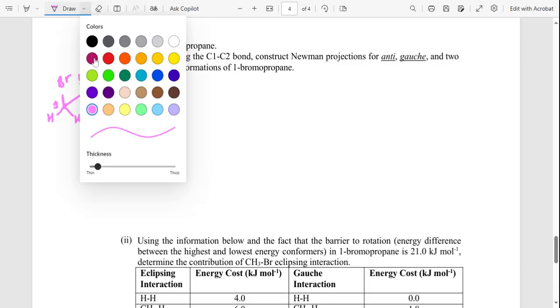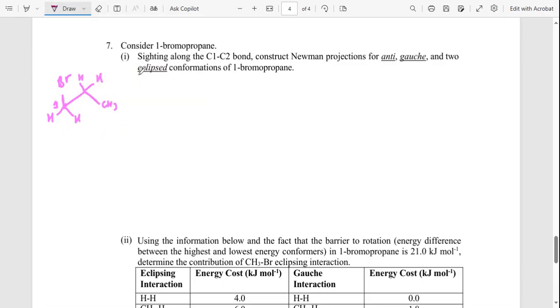So we want to draw Newman projections for anti, gauche, and two eclipsed. Let's start with the anti. We'll start by drawing the carbon that is in front. That's carbon number 1, and this is carbon number 2. Carbon number 1 has a Br on top, and then a hydrogen here and a hydrogen there.